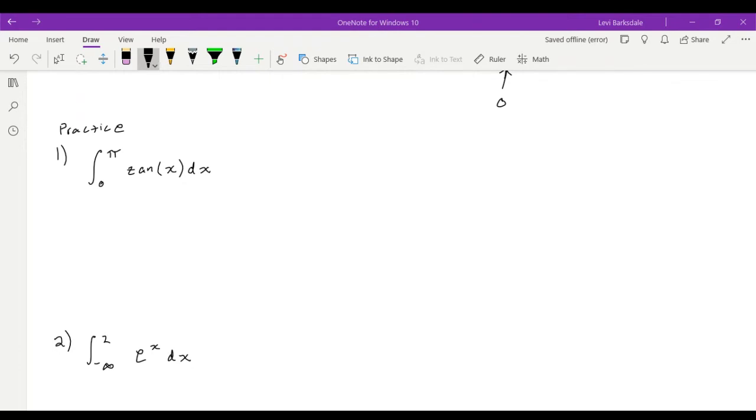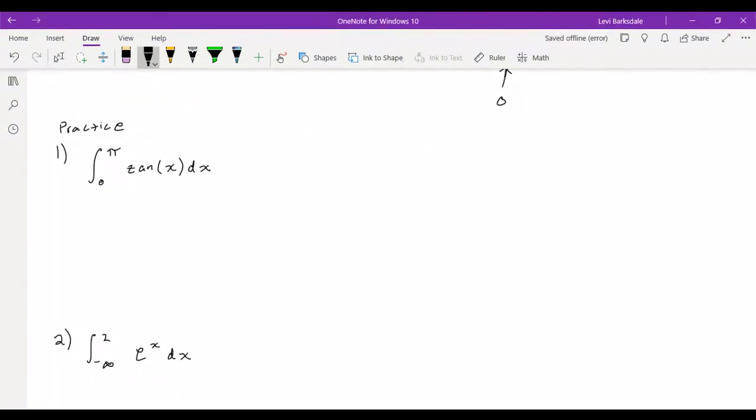All right, let's go ahead and go over these. So for question 1, recall tangent of x actually has a vertical asymptote at x equals pi over 2. So that's going to be our problem spot for that. So we need to rewrite this as 2 integrals.